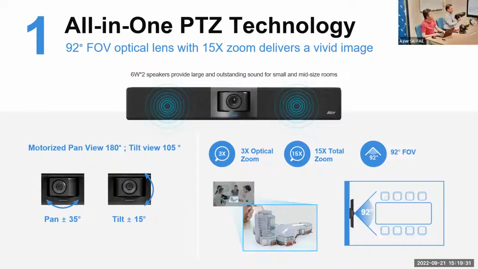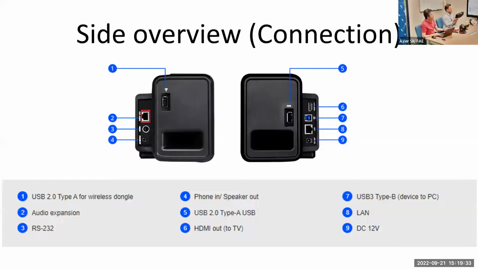And this is the I/O port for the VB342 Pro. We have an expansion audio port here, and we have an RS232 connection here for number 2. And then we have phone in and speaker out port here.